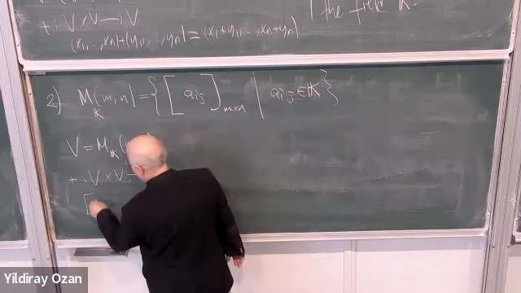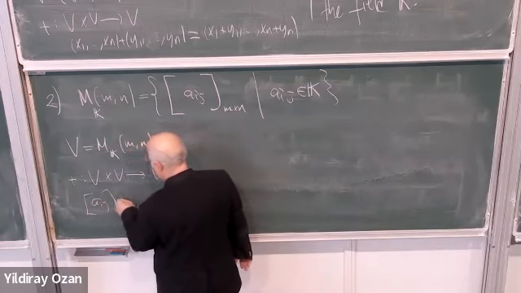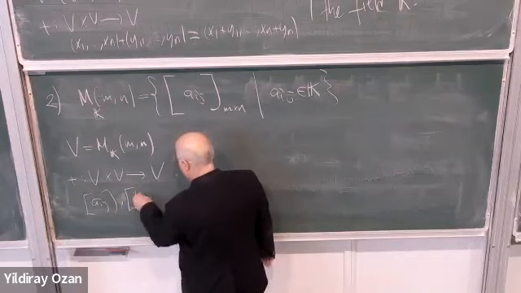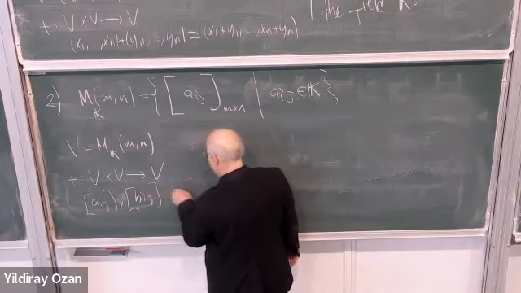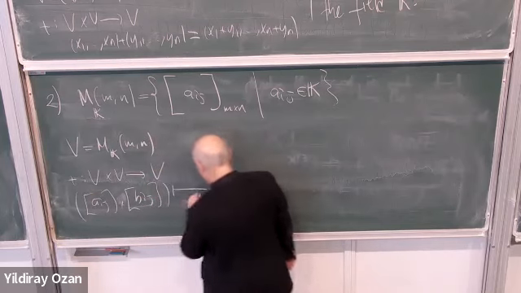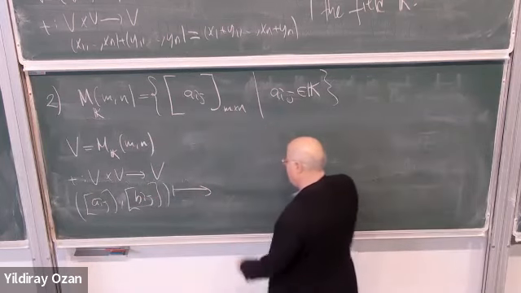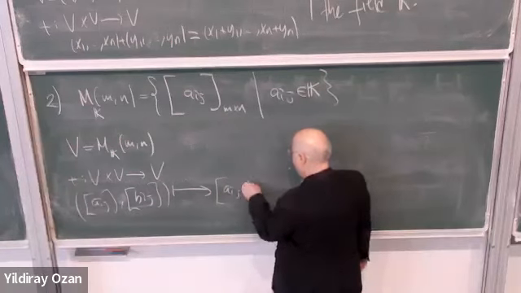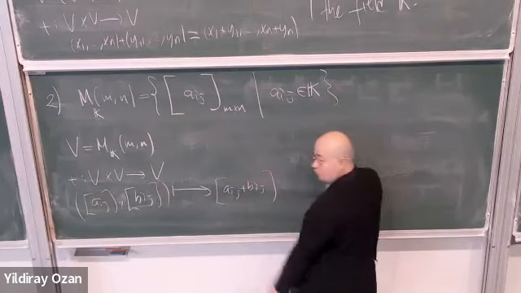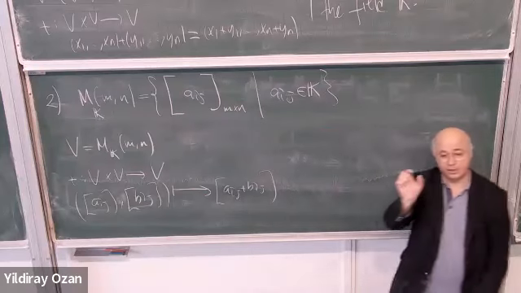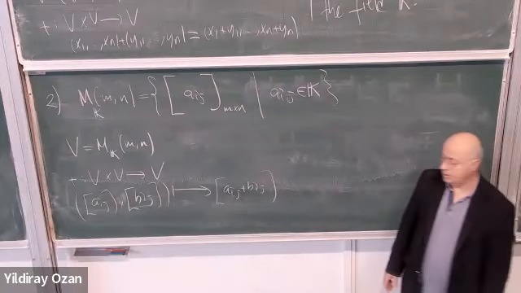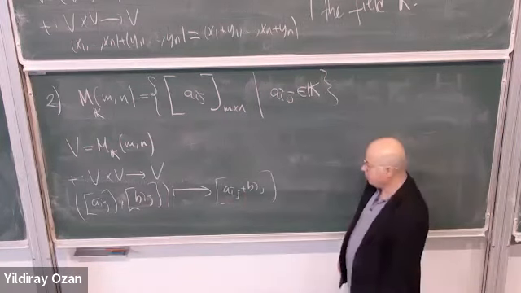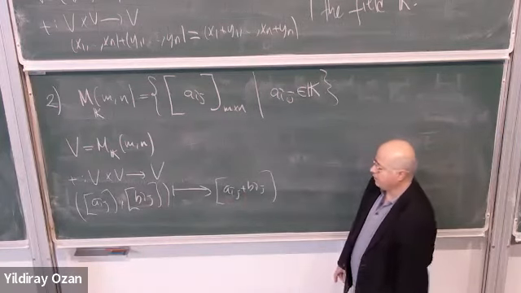If you have a matrix whose entries are Aij's and another matrix whose entries are Bij's, we just send it to the matrix whose entries are Aij plus Bij. So we just add up the entries with the same indices, okay?